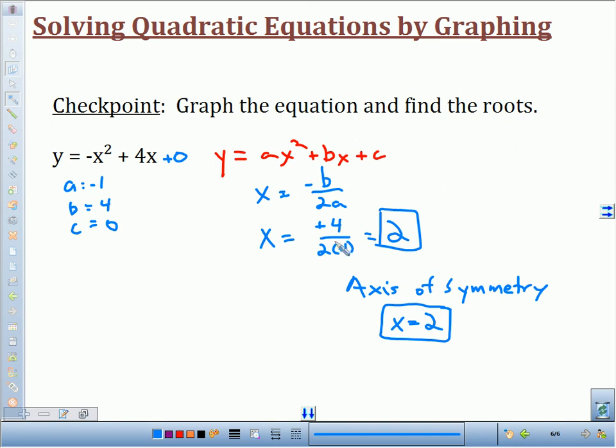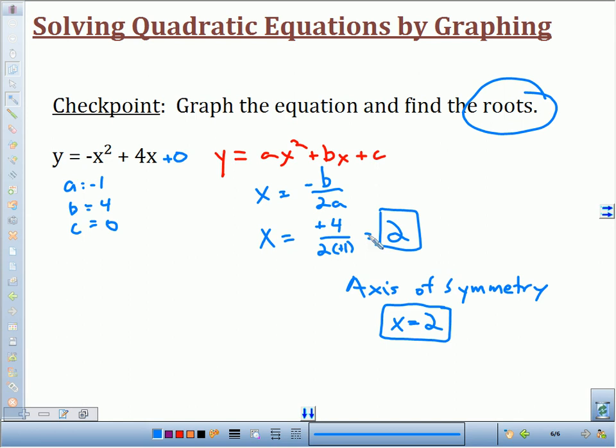Now, you will need to use the axis of symmetry to find the y value of the vertex, then find some other x values like we've done before, graph the equation, and see where it crosses the x-axis, where the roots are. That's your job. You'll need to bring that into class completed tomorrow.